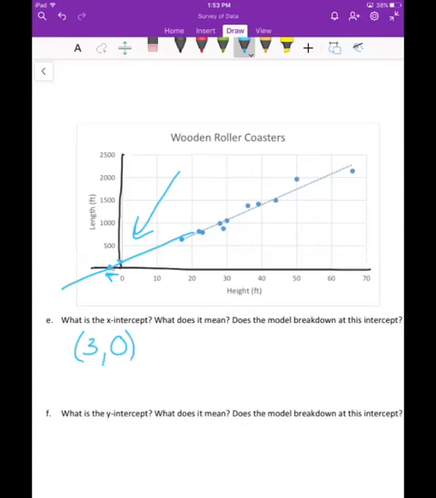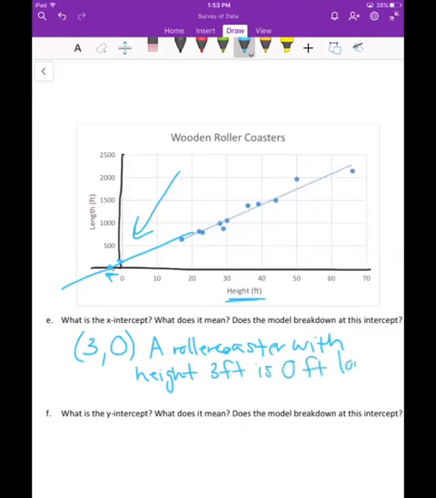So in this case, it would mean that a roller coaster with height, remember x-axis is height, with height 3 feet is 0 feet long. And in this case, we would have model breakdown at this point because we would never be looking at a roller coaster, first of all, that is 0 feet long, then the roller coaster doesn't exist and would not have a height.